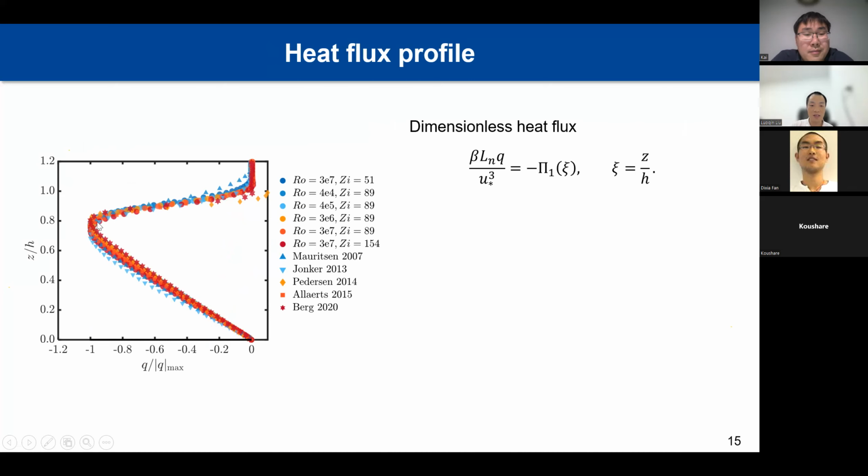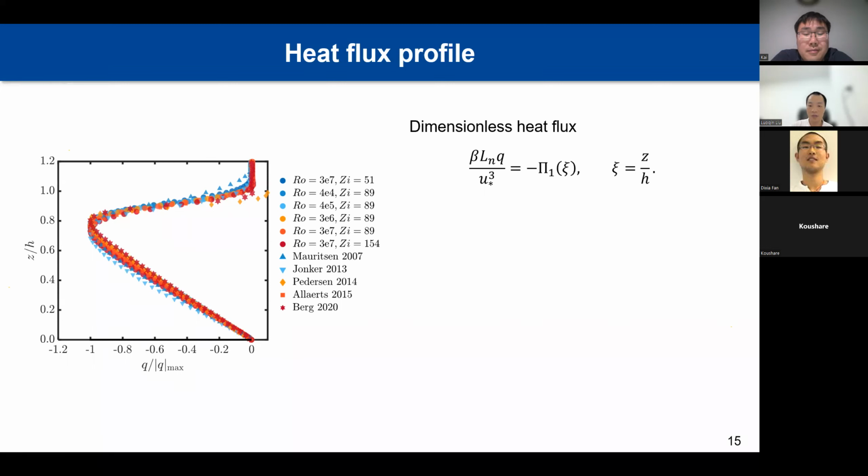Here we collected all numerical results as well as others, and it clearly shows that the heat flux is linear only in the lower part of the boundary layer, but in this region, which we call the inversion layer, it changes rapidly. So if we want to improve the Kelly model, the first thing we think of is to propose a more accurate heat flux profile.